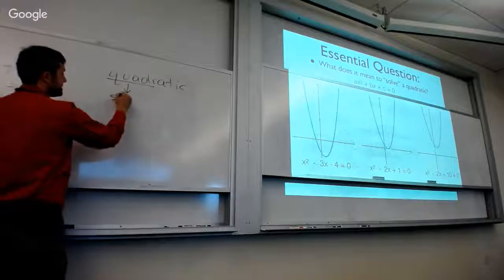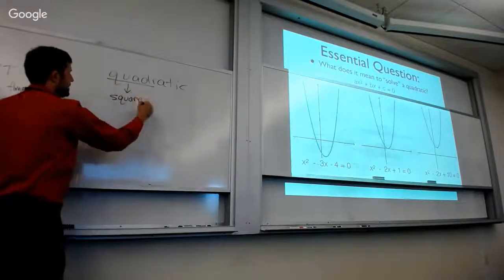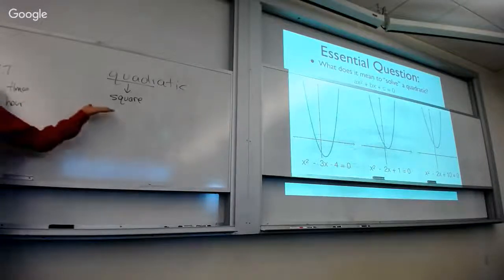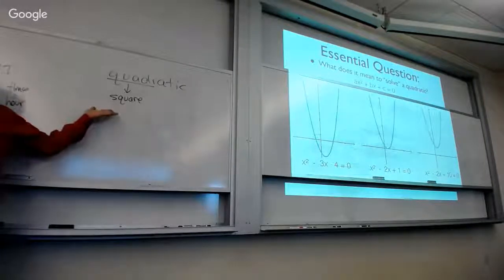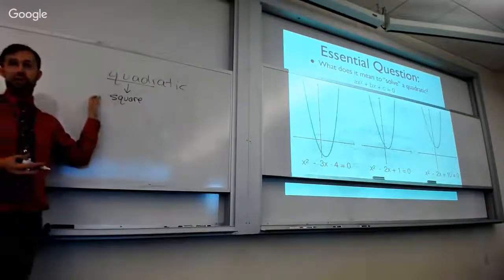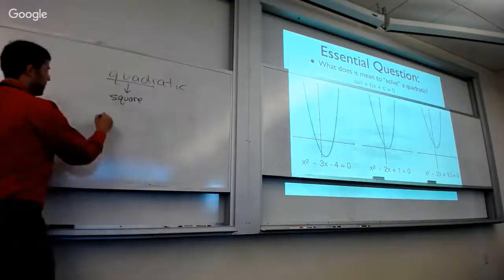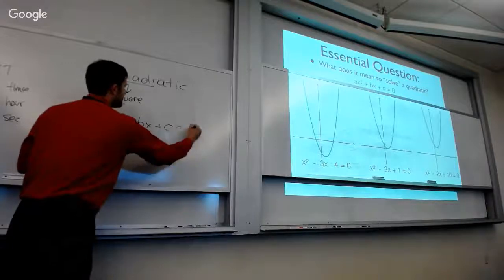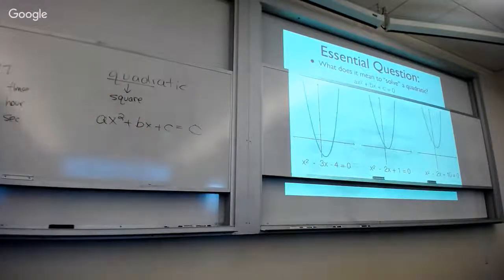It actually means square. If you go back to the original Latin, it means square. Now, what about a square has the number 4 in it? The fact that there's 4 sides, right? But technically speaking, quadra means square. So now we can answer the question, what about this formula, ax squared plus bx plus c, is evocative of a square?